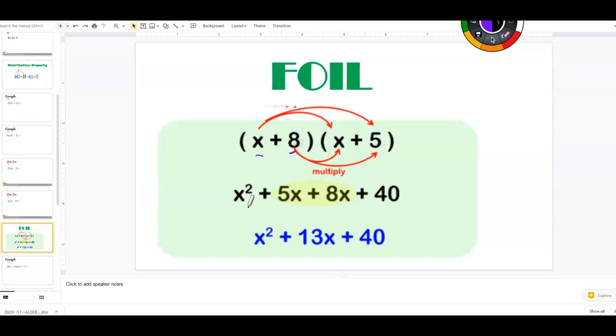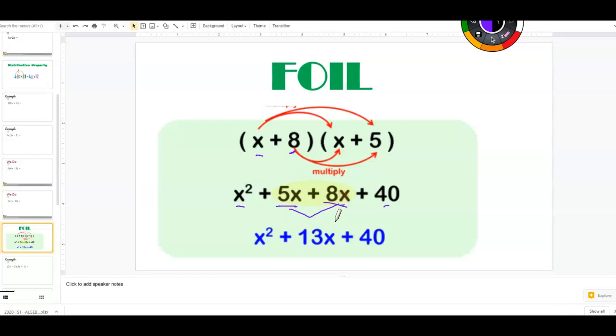X times x, x squared. X times 5, 5x. 8 times x, 8x. 8 times 5, positive 40. Finally, you're going to combine like terms. Like terms are the terms that have the same x and same power. So here you see 5x and 8x, they have exactly the same x in it.